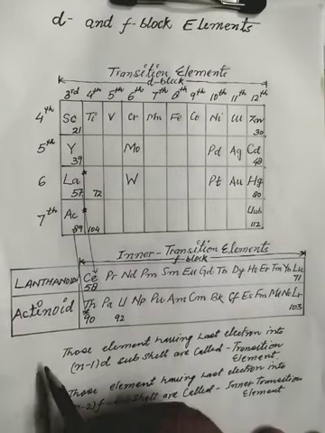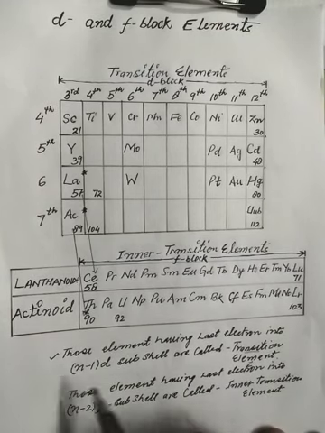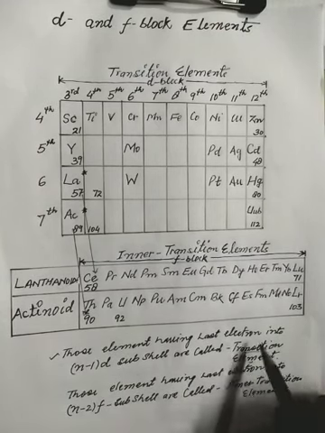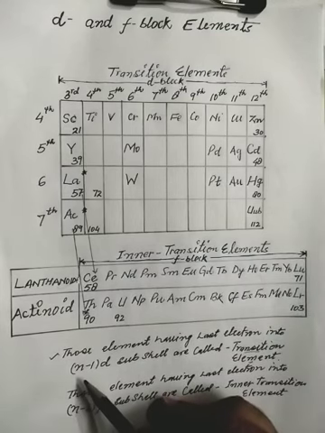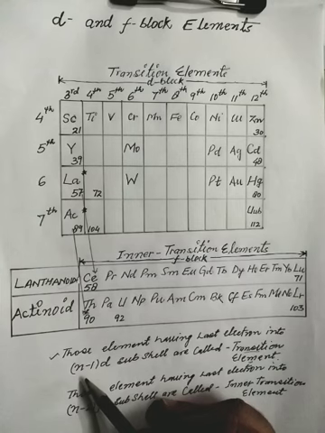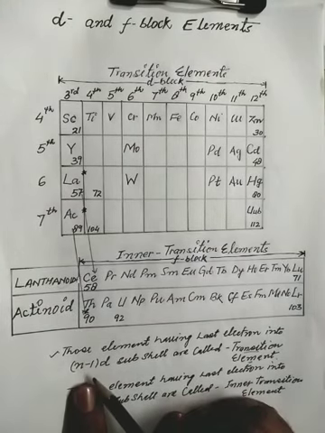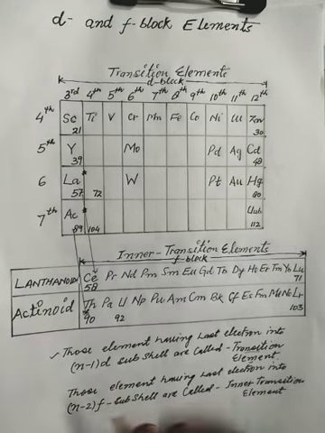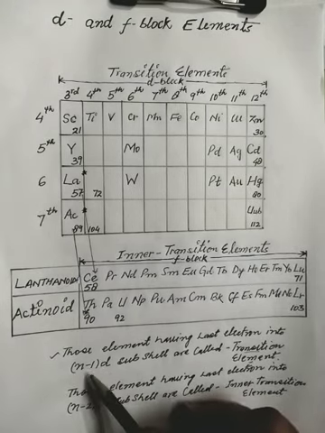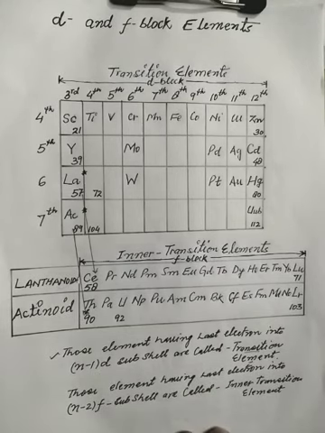Now one more thing we can say about transition elements: those elements having the last electron in the (n-1) d subshell. n is the principal quantum number, the maximum value of the principal quantum number in the atom. When the last electron is present in the (n-1) d subshell, it is called a transition element.